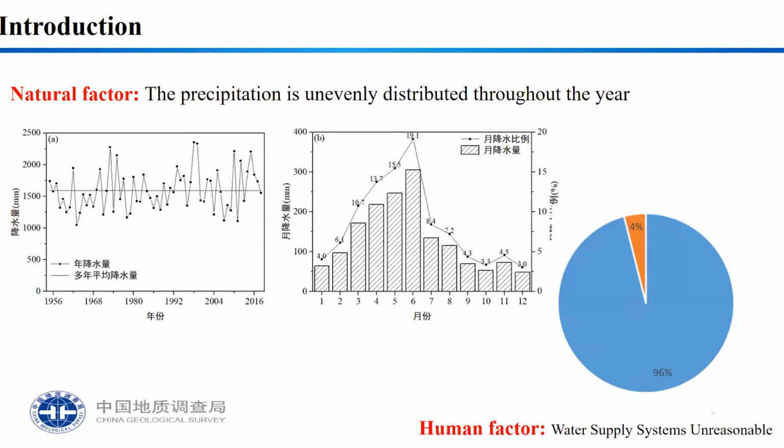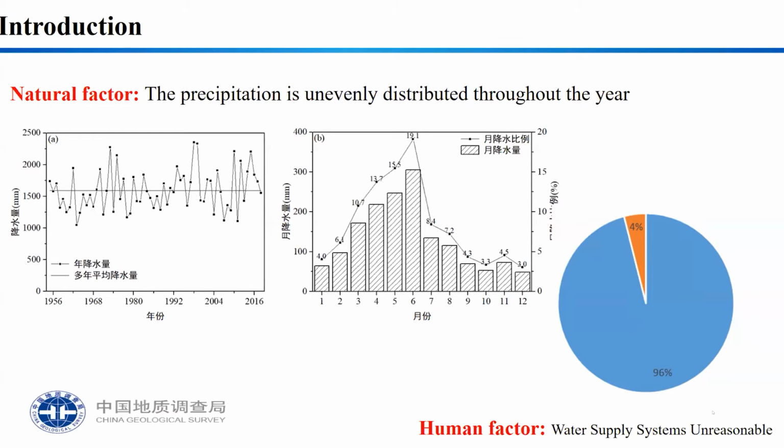So we should analyze why the city's water supply system is unreasonable. In fact, the source of water supply in Nanchang City is relatively single.